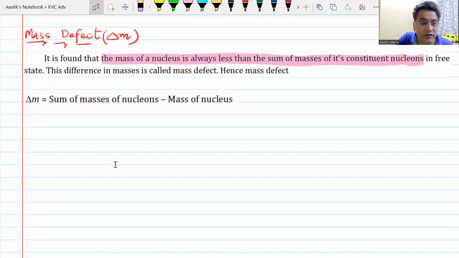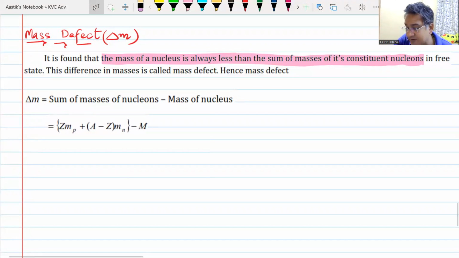So it will be equal to Z times the mass of protons plus A minus Z times the mass of the neutrons. Z is the number of protons. A minus Z would be the number of neutrons.